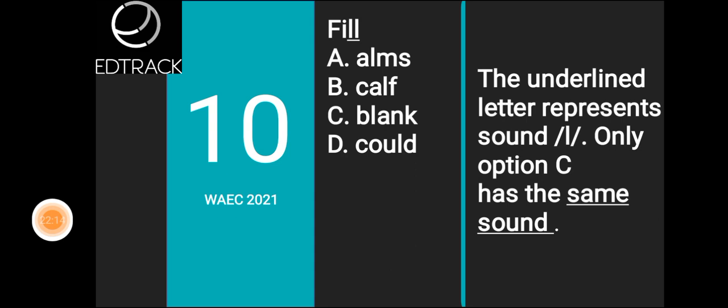You have to know all the sounds in the English language, all the vowel sounds and all the consonant sounds. Make sure you study them, and study words that have all of these sounds, and make sure you work on your past questions very well.